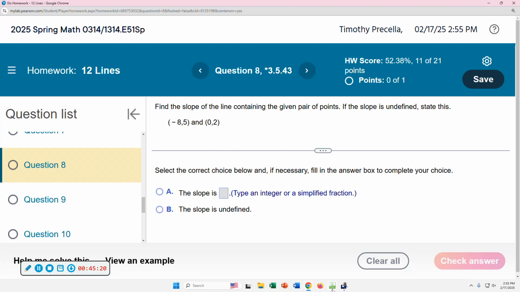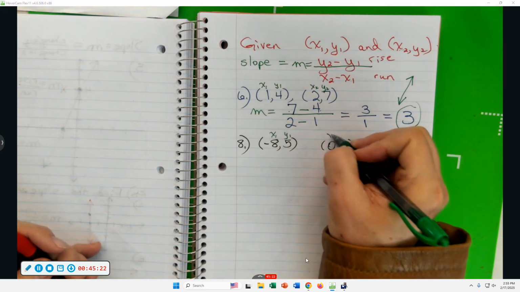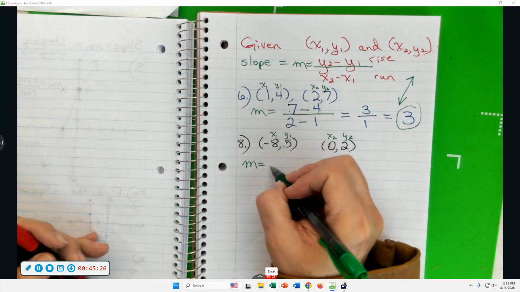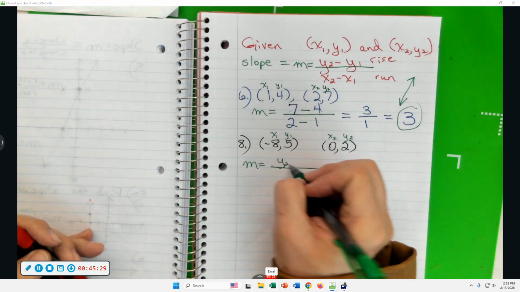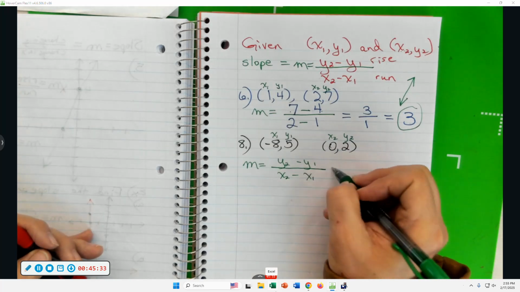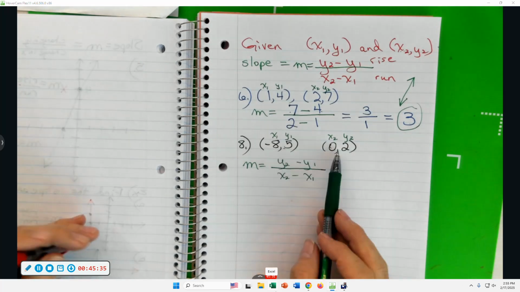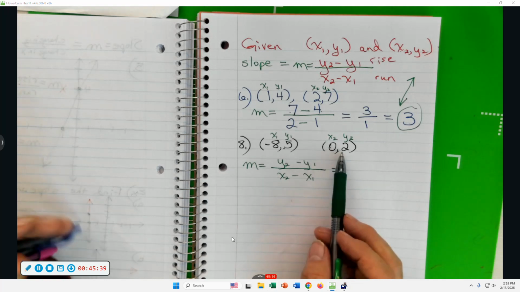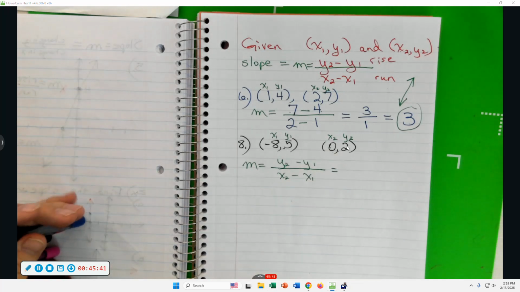Identify x1, y1, and x2, y2. I'll write the formula down. But once again, those coordinates, (-8, 5), wouldn't be hard to plot. (0, 2) is easy to plot, and it'd be easy to count those.